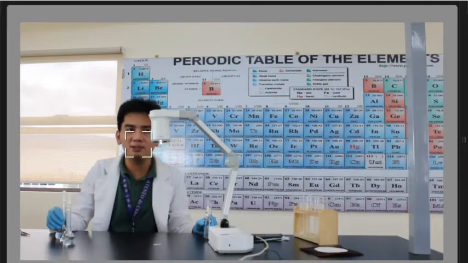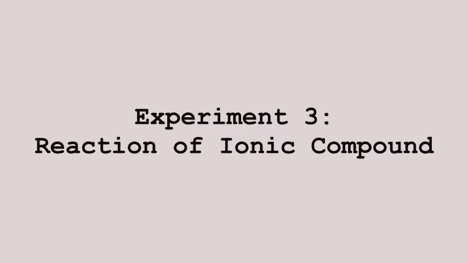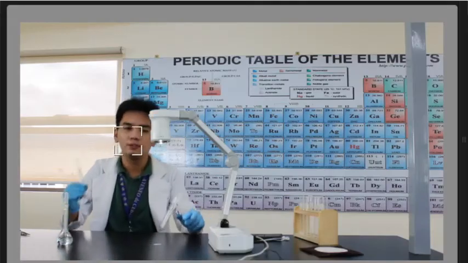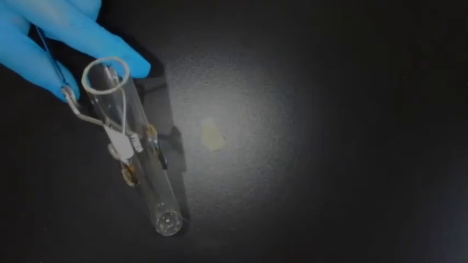For this experiment, we're going to have 0.1 molar of calcium chloride and 0.1 molar of sodium carbonate. Notice the colors. And then what we're going to do here is drop 20 drops of this calcium chloride into our test tube and another 20 drops of 0.1 molar of sodium carbonate into our test tube.